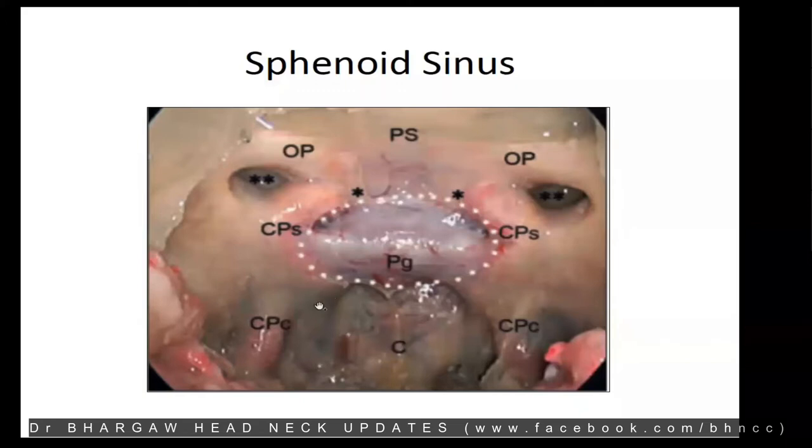Having said that, if there is disease coming up to the anterior wall of the sphenoid, and you go beyond that, you have to go a compartment ahead. When you open up the sphenoid, the structures that you see are the optic nerve, the carotid artery here, and the opticocarotid recess. This is the clivus here. These are the structures that you need to expose, and of course, this exposure is required to do a transsellar approach, that is for pituitary surgery.